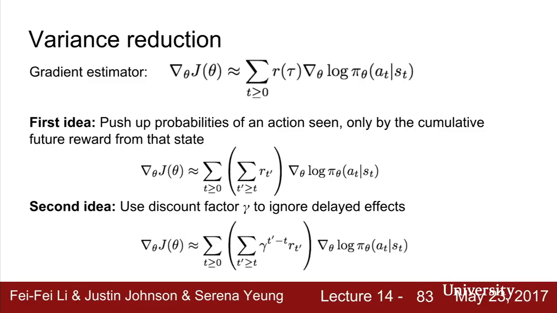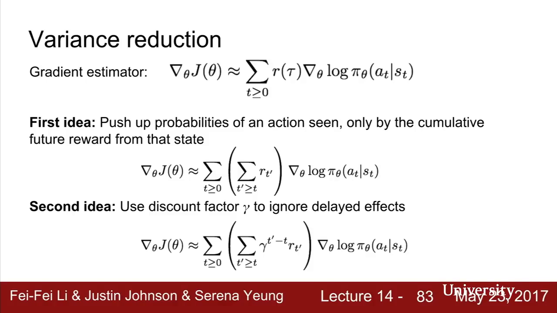Okay, a second idea that we can also use is a discount factor in order to ignore delayed effects, right? So here we've added back in the discount factor that we've seen before, which tells us how much we care about just the rewards that are coming up soon, versus rewards that came much later on.